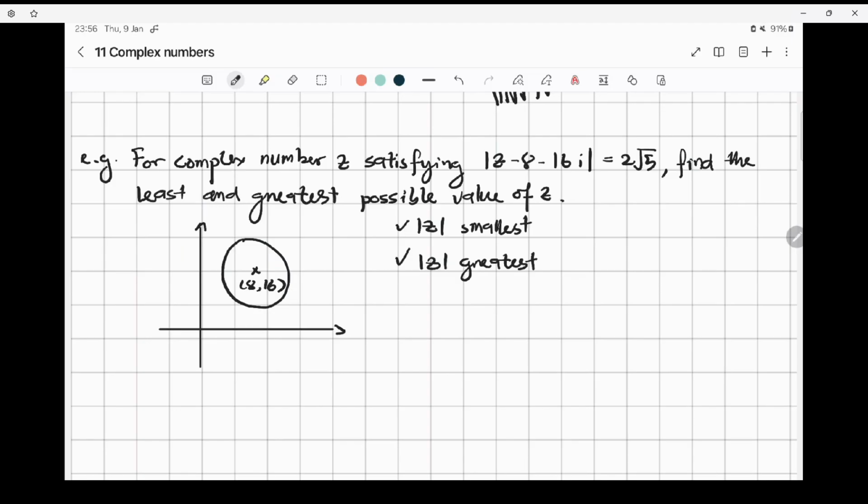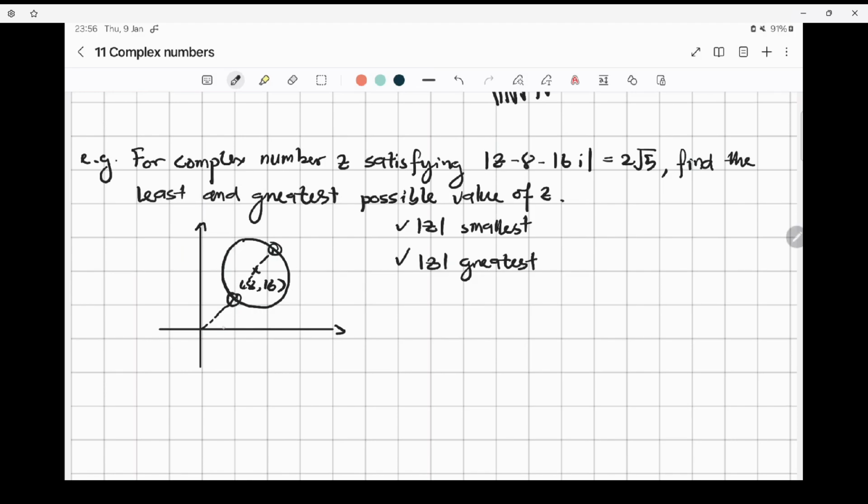You need to find these two. So the idea is that if you draw a straight line connecting the center to the origin, this will be the smallest complex number, this will be the greatest complex number. So that's what we need to do.